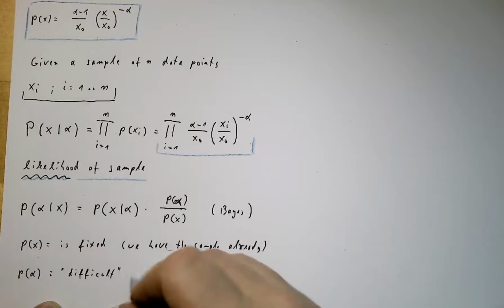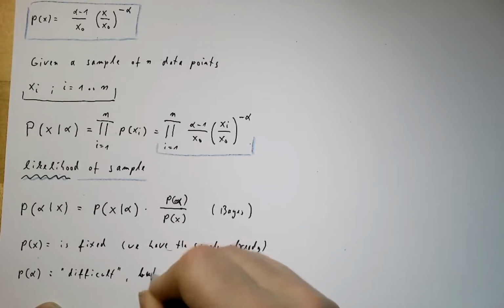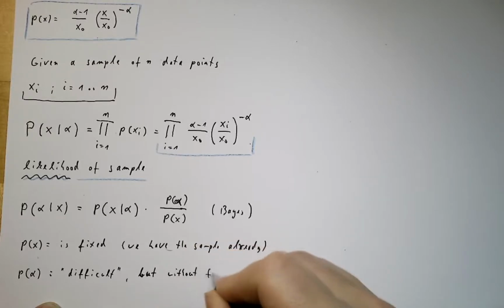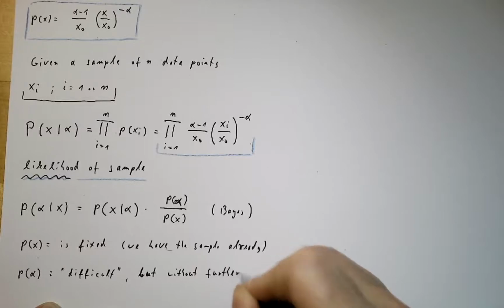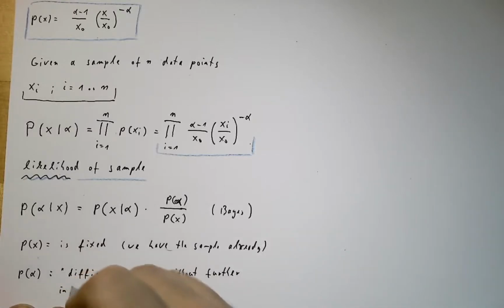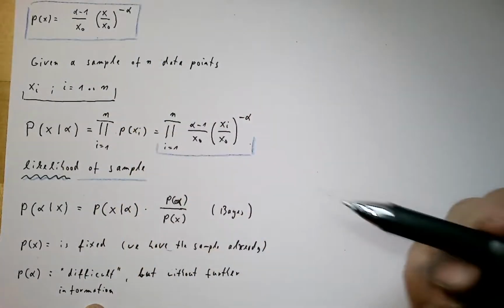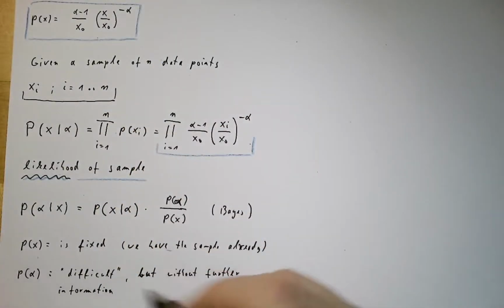But what we can say without further information, we could say that all alphas in this exponent are intrinsically equally probable.